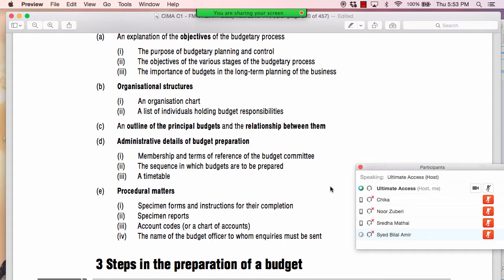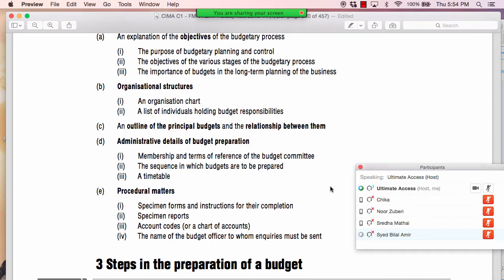Imagine you just come into the organization. If you look at the budget manual, it'll clearly say, this is my organization structure and these are the people that hold the money for the expenditure. It is quite important that we find that out, so that everyone is very clear.